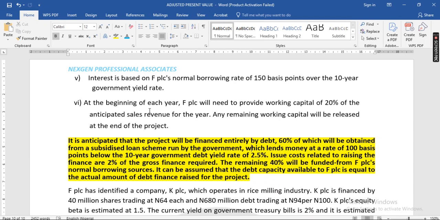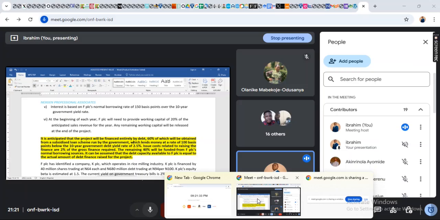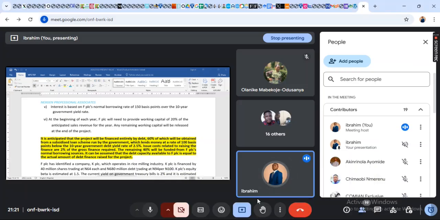20% unanticipated. But in this paragraph, you were told that the project will be financed by debt. The 60% clause indicates that both your working capital will be borrowed, and the cost of the investment will also be borrowed.